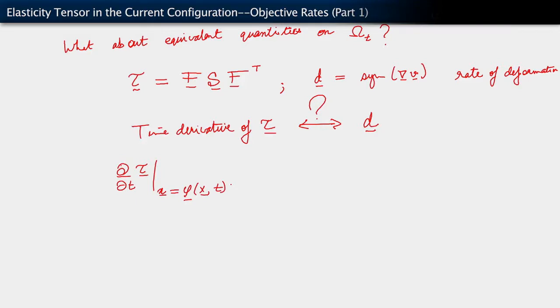But there is a problem, which is that tau is defined on the current configuration of the material.